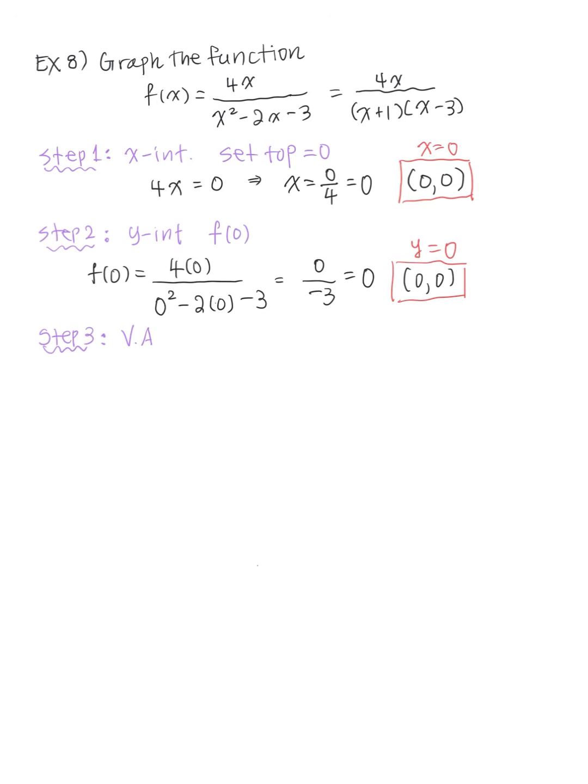So for the vertical asymptote, what we need to do is set the bottom equal to 0 and solve for x.